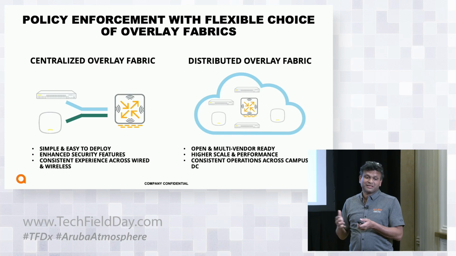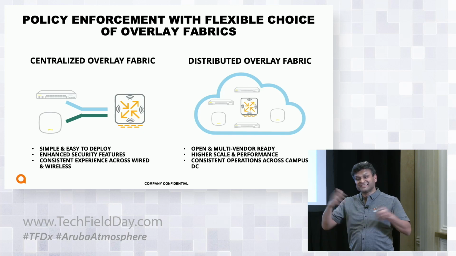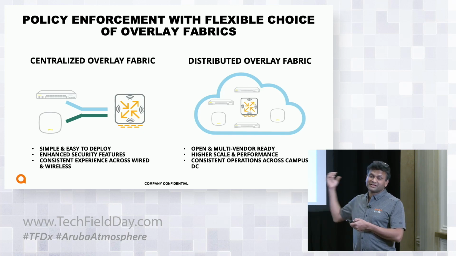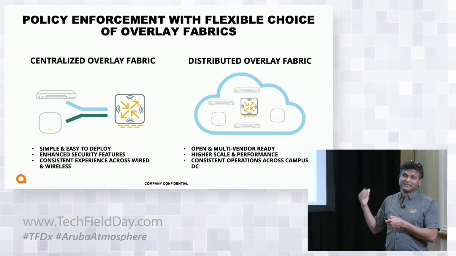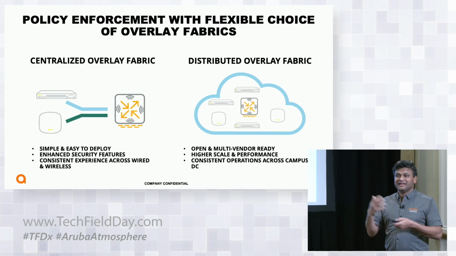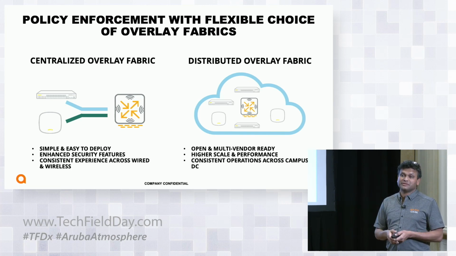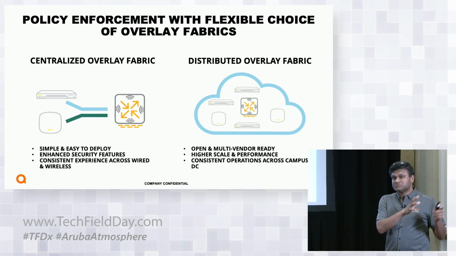It's very simple. But if they're looking for performance, scale and more pervasiveness, we have a distributed overlay. Small sites can be centralized, big sites distributed. You can choose either of these, or mix.